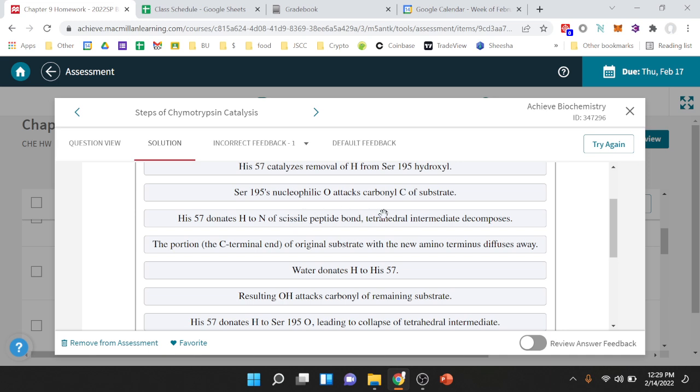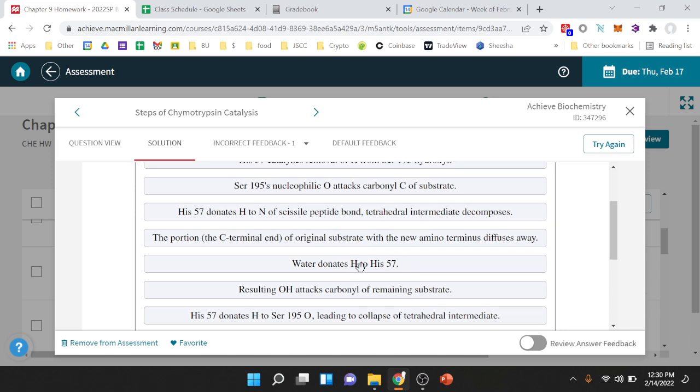And notice here what you do: donates an H to the N of the scissile peptide bond. Tetrahedral intermediate decomposes. See that? So again, you're talking about an N, which is an amino, right? So you're reacting on an amino end, it decomposes, drifts away, doesn't it? Okay.